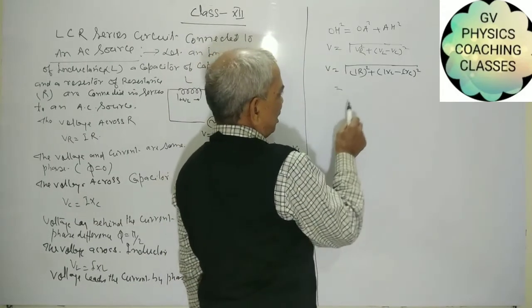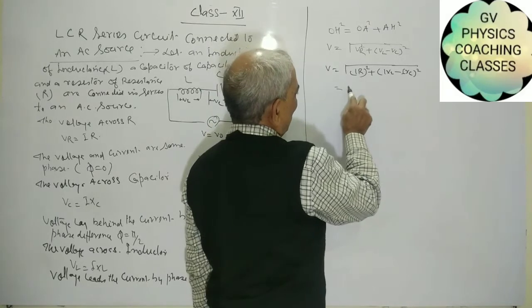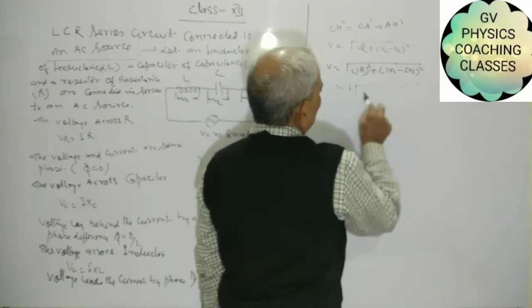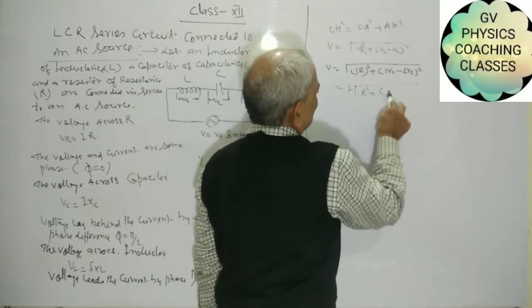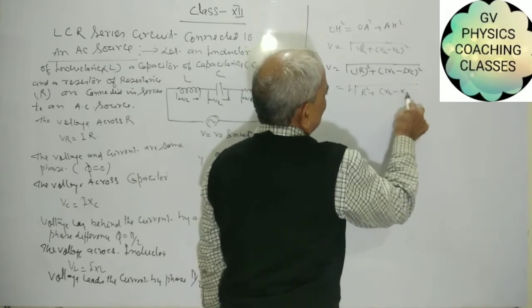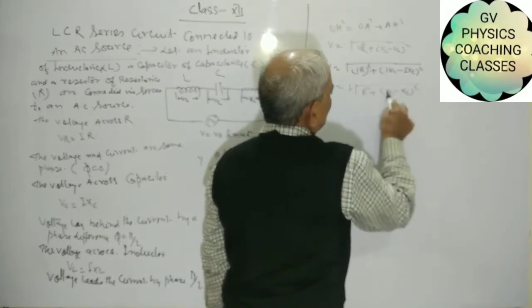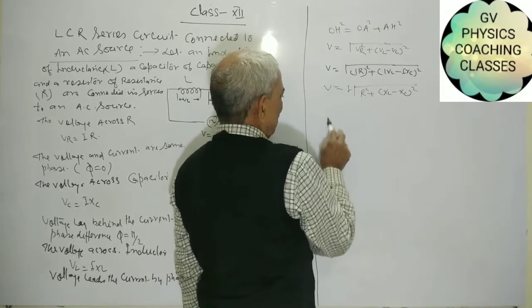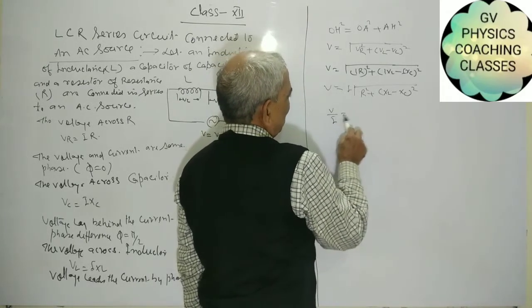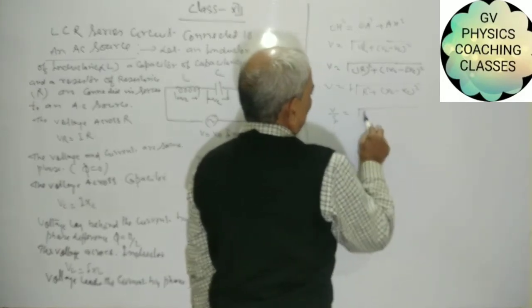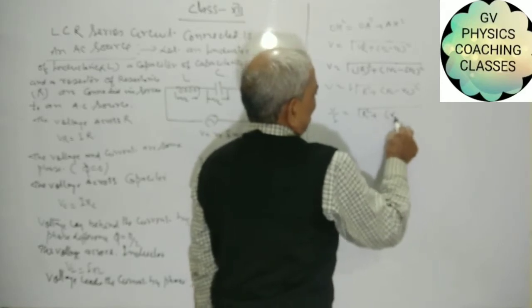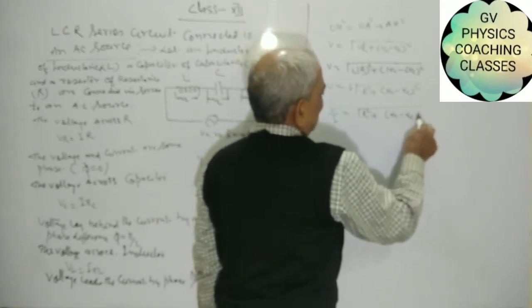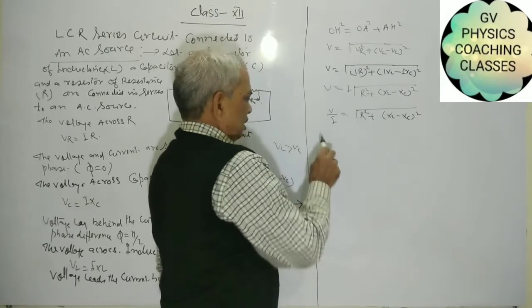Or this can be written as I taking common, R square plus XL minus XC whole square, and V upon I is equal to the square root of R square plus XL minus XC whole square.